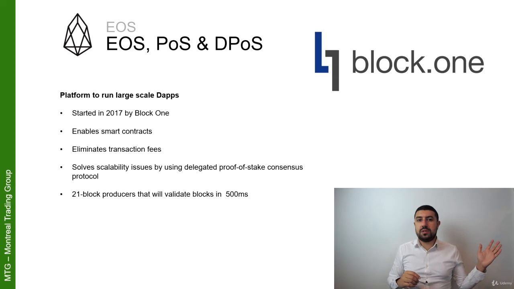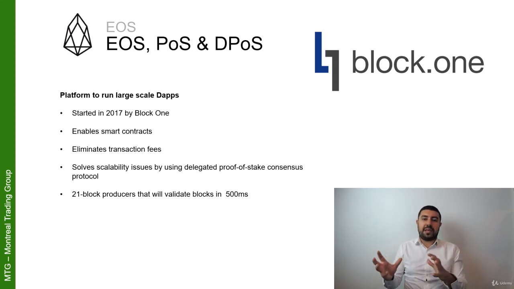Like we've seen with Ethereum, an application like the Kitty application was too big, or the blockchain couldn't handle all the transactions that were done on top of that token. So EOS wants to solve that problem by having a protocol that enables large-scale decentralized applications to work.